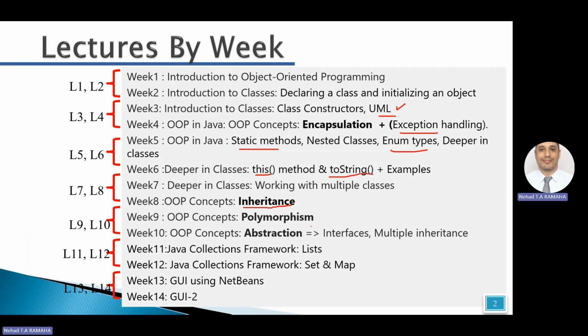Okay, another concept from object-oriented, which is polymorphism. You have a chemistry course, yes? You heard about polymers and so on. What's the meaning of poly? Okay, it means many.